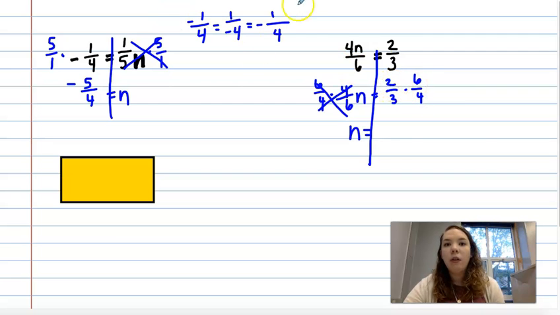So you can multiply straight across, you can cross simplify, or use a calculator, whatever you are comfortable with. But it looks like we're going to end up with 2 over 2, which is the same as 1, or if you didn't cross simplify, 12 over 12, which is still the same as 1.